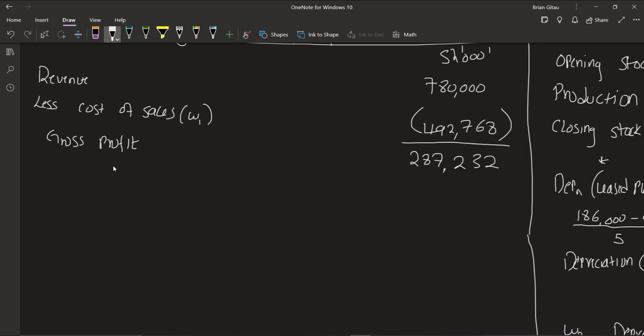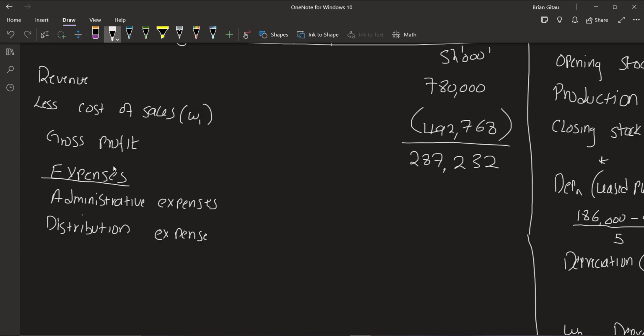Let's now go ahead and work out the expenses. Our expenses are classified into 3. We have administrative expenses, we have distribution expenses, and we also have finance cost.